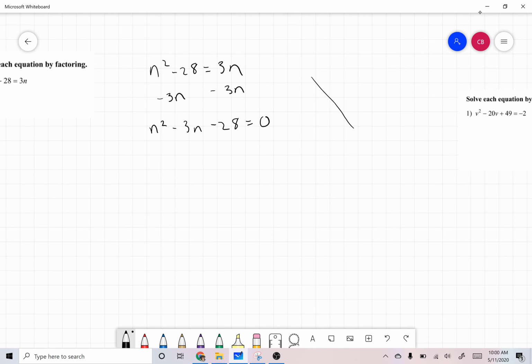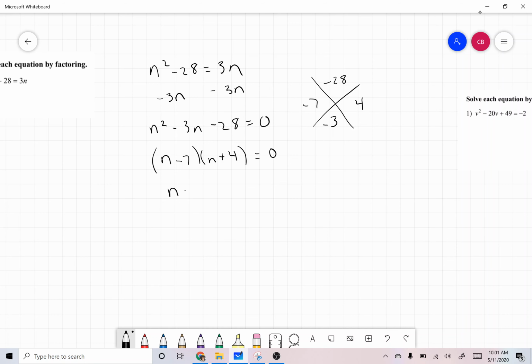We look for two numbers that multiply to negative 28 but add up to negative 3. I think those numbers are 7 and 4, with the 7 being negative. So this is n minus 7, n plus 4.